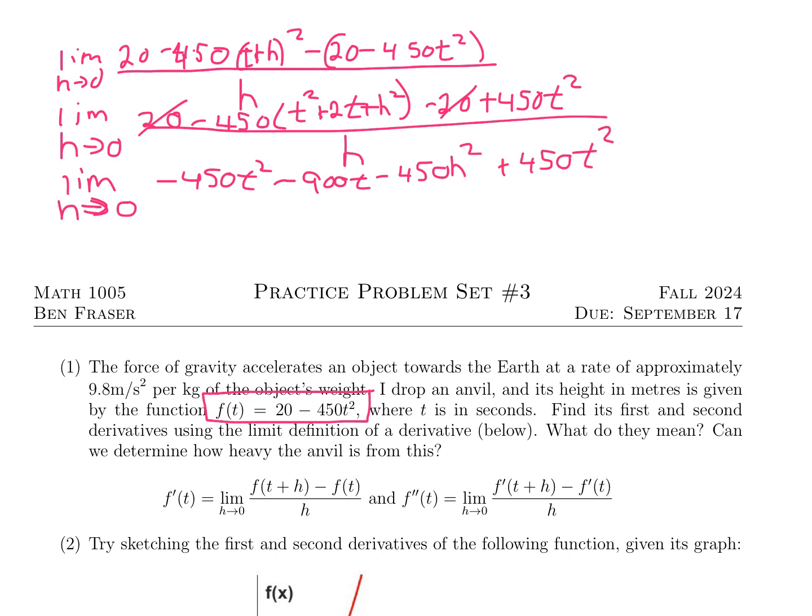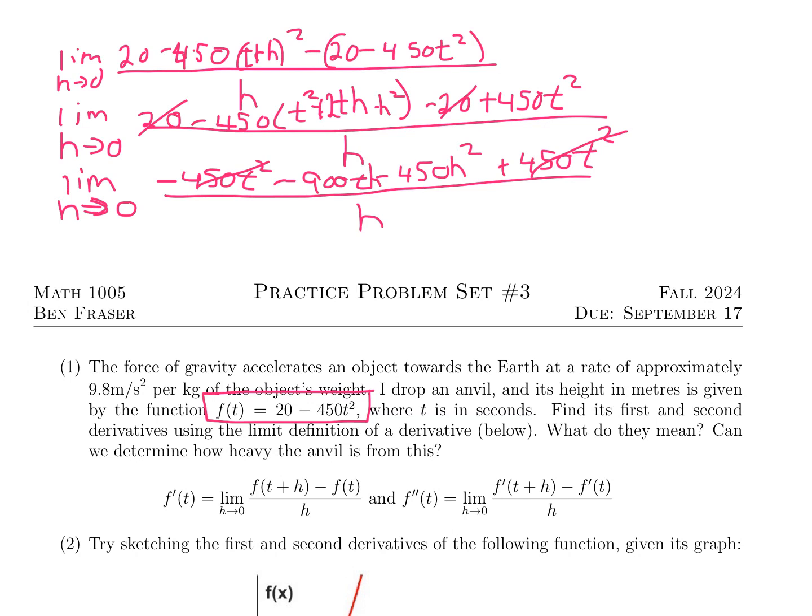Sorry, this middle term here should have been th, not t, 2th. So that makes this one 450, 900th. So minus 450t squared plus 450t squared, those are gone. I'm still all over h.